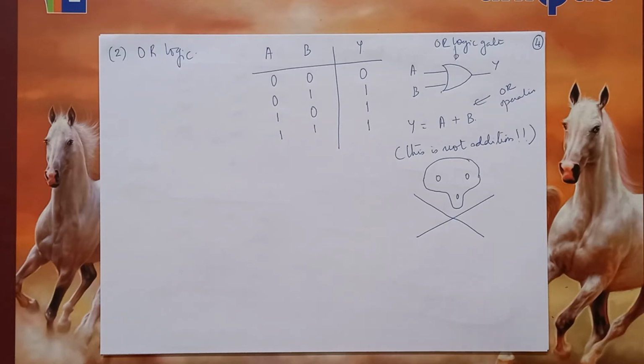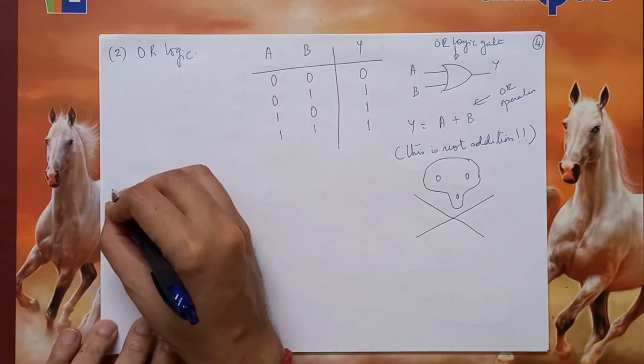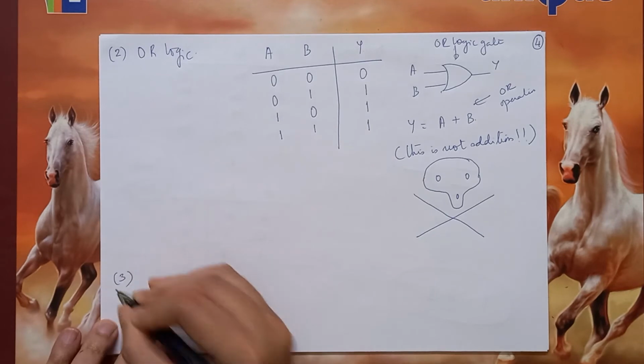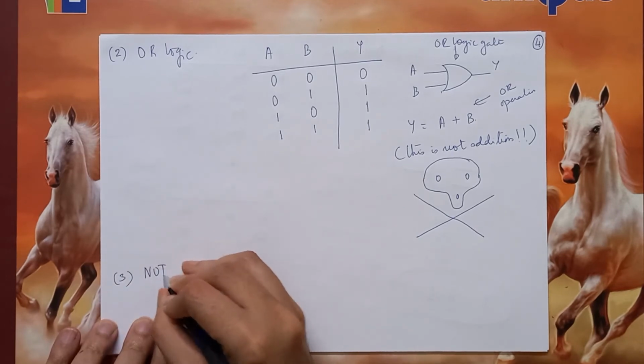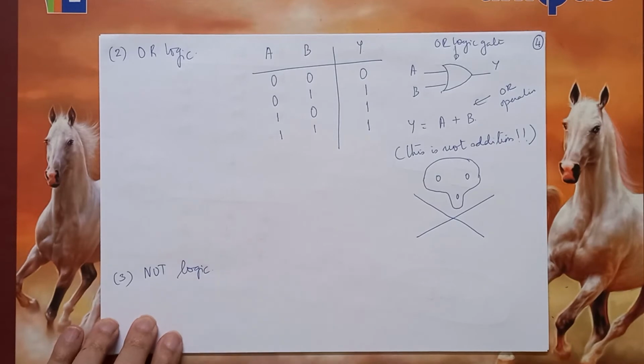Now, we have looked at two logics. One is called the AND logic, the other is called the OR logic. Let us take a look at another form of logic, which is slightly different from this AND and OR. And that is called the NOT logic. Now, NOT logic is something that can be understood best again with an example.